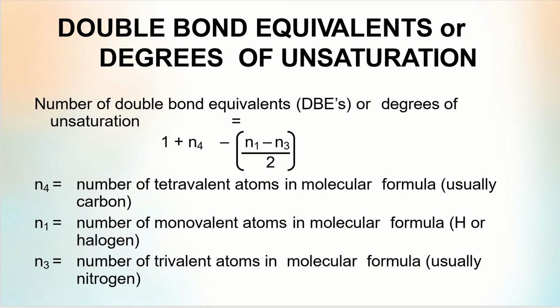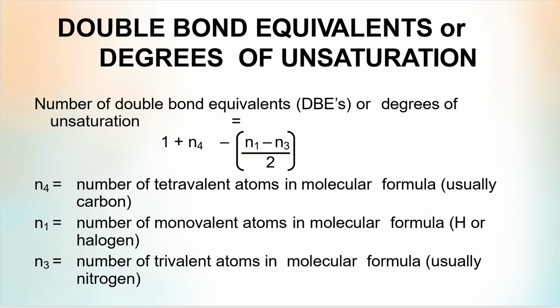So for our organic purposes, and we will be using mostly carbon, hydrogen, nitrogen, for example, what you will see is that the tetravalent atom that we will most commonly or perhaps only be referring to would be carbon. So N4 would literally be the number of carbons. N1 would literally be the number of hydrogens or halogens, right?